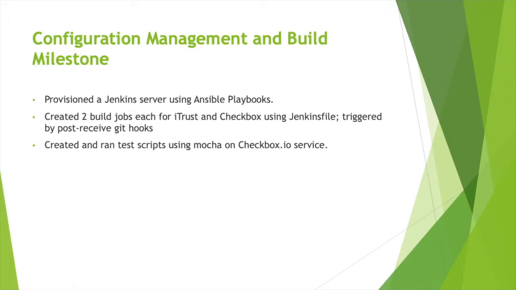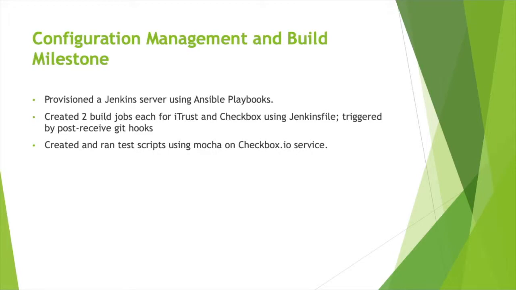We've provisioned the Jenkins server using Ansible playbooks. When the Jenkins server comes up, it comes up with certain tasks. Some of these tasks are related to iTrust, and some of them are related to Checkbox.